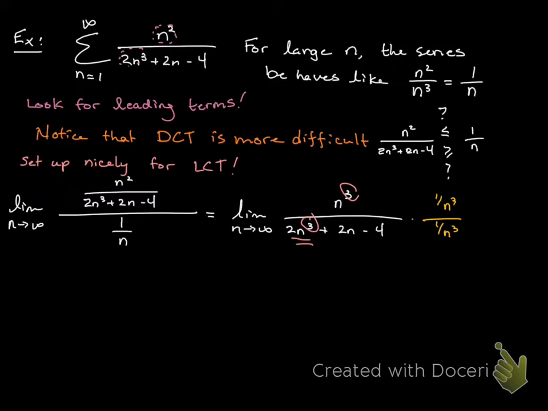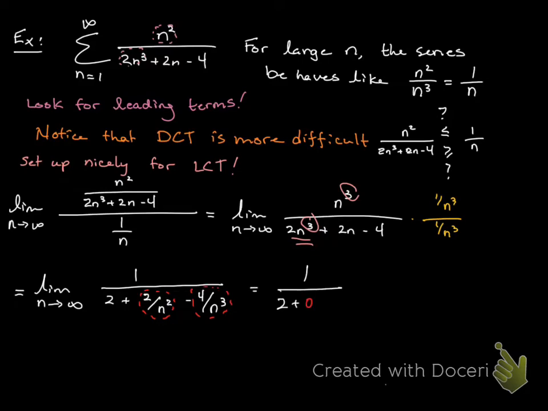Let's show that happens. When I divide the numerator by n cubed, I get a 1. And the denominator by n cubed, I get a 2 plus 2 over n squared minus 4 over n cubed. Both of those guys are going to go to 0 as n goes to infinity. So my limit should give me 1 over 2 plus 0 minus 0, or a half.